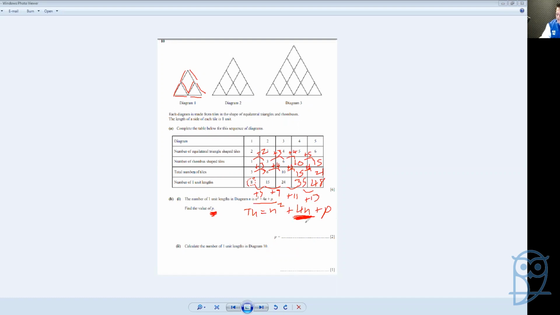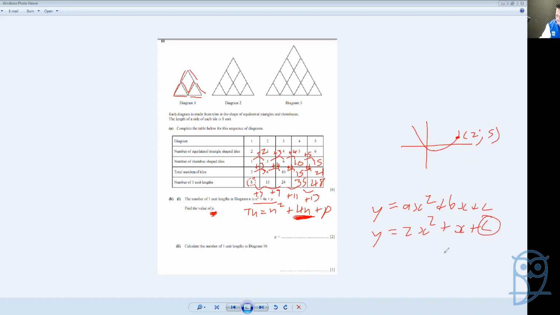How did I know to do that? Well, think back to parabolas. If I gave you a graph with a point somewhere, and you knew that this formula was 2x squared plus x plus c, and I say to you, find the y-intercept, what are you going to do?